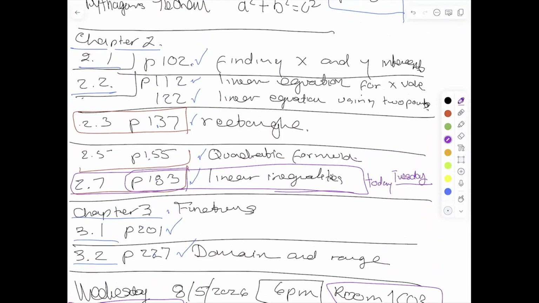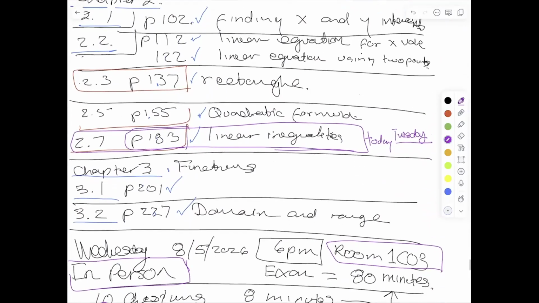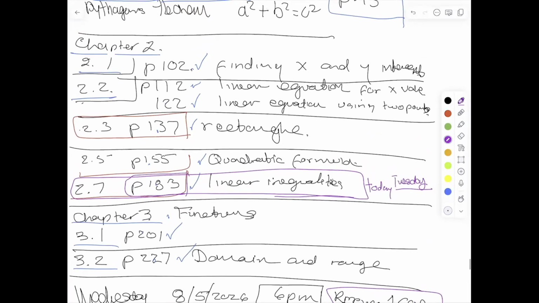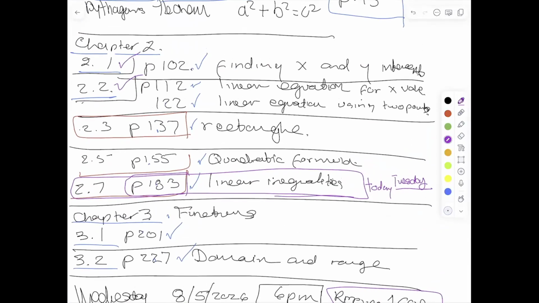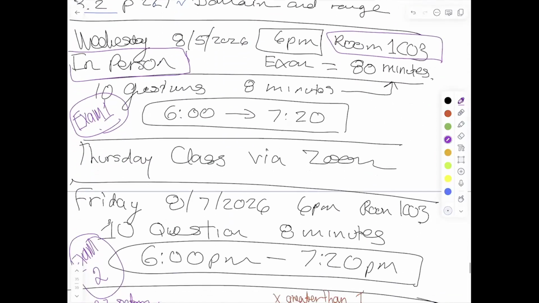We still got to do quadratic formula, right? So let's do quadratic formula. We'll leave chapter 3 for last. We already did section 2.1 and section 2.2. So we're going to move on to a quadratic formula.